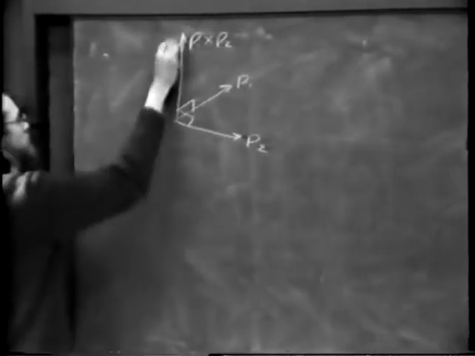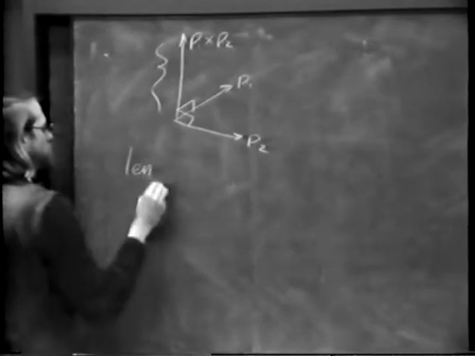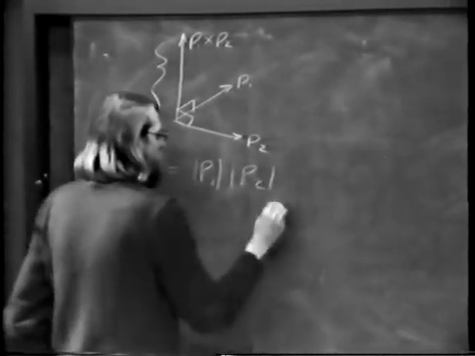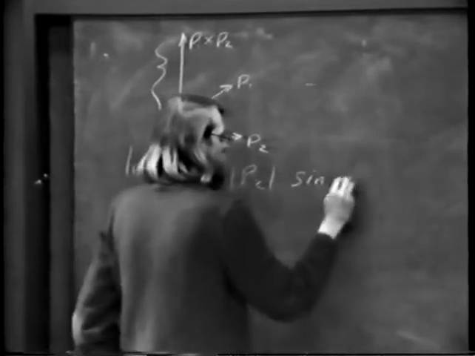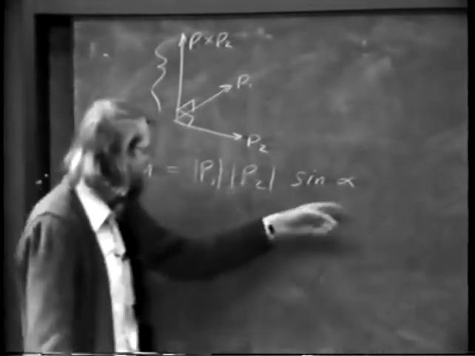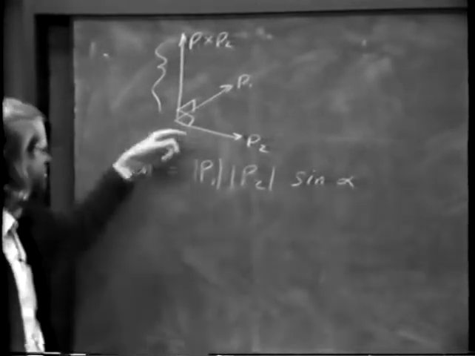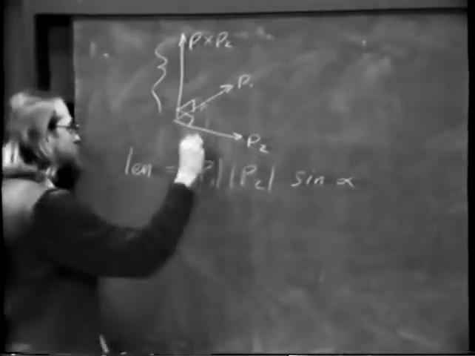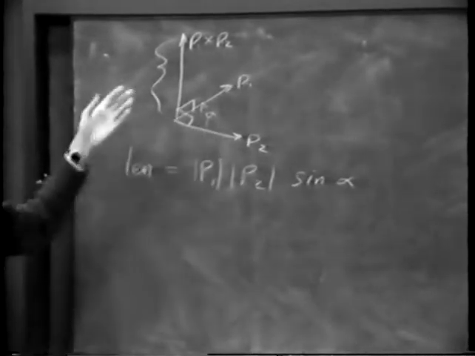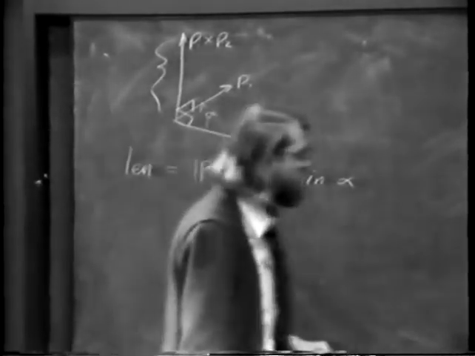And the length of it is equal to the length of P1 times the length of P2 times the sine of the angle alpha between the two. This means that if the sine of alpha is equal to 0, that is, if the angle between these is 0, then the cross product is 0. So a vector crossed with itself is a zero-length vector, various things like that.